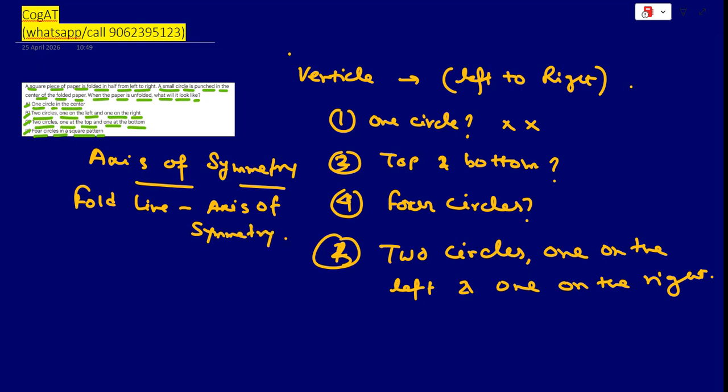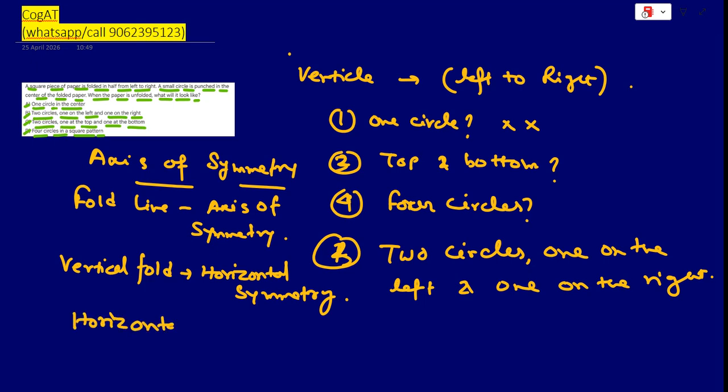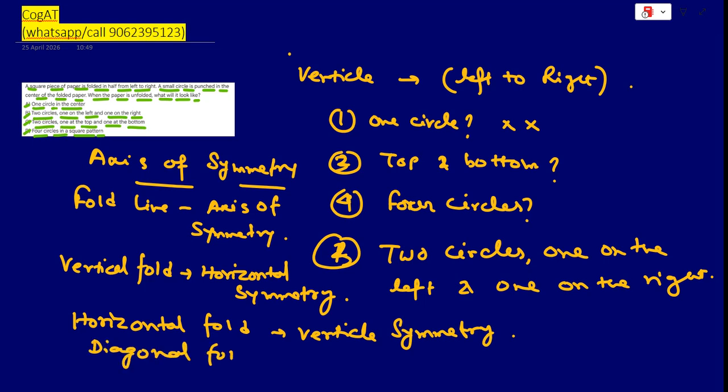A vertical fold gives horizontal symmetry, and a horizontal fold gives vertical symmetry. And a diagonal fold, well, that's when the real headache starts. We will save that for tomorrow's episode.